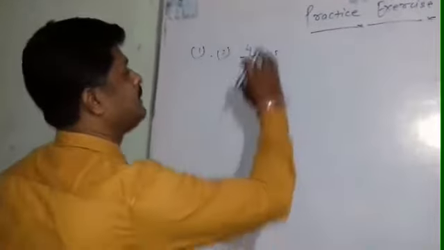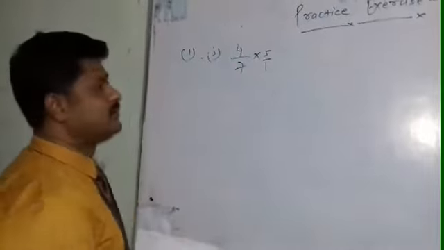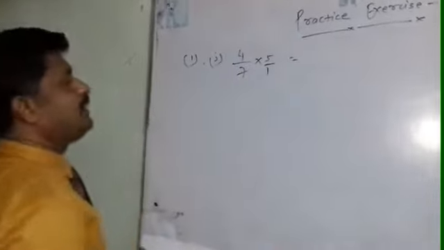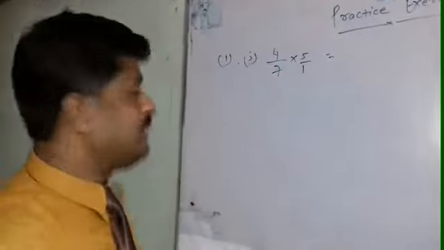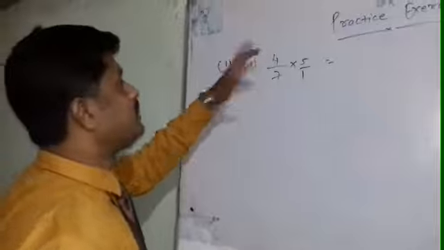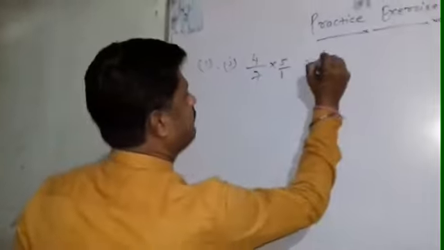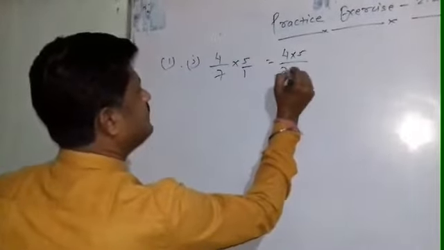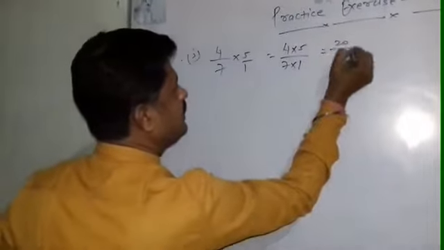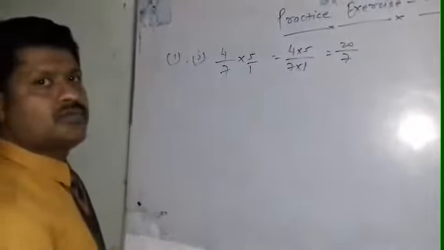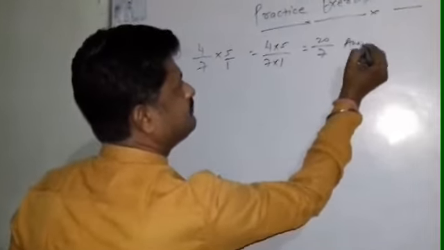So firstly, this must be in fraction form. If it is cuttable, then you may cut; if it is not cuttable, then you do not have to cut. So 4 is multiplied by 5, 7 is multiplied by 1, then 5 times 4 is 20, and 7 times 1 is 7. Here 20 by 7 is your answer.